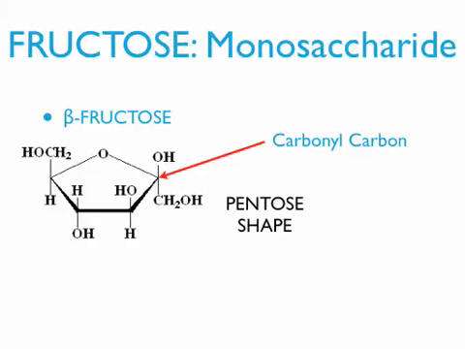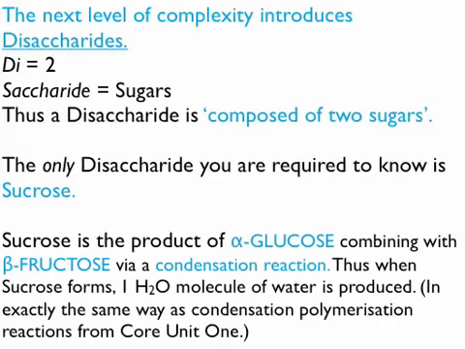So pentose is in reference to the shape of fructose, not the number of carbons. It's in the shape of a pentagon, so we call it a pentose monosaccharide. You need to know fructose and alpha and beta glucose as the 2 examples of monosaccharides.